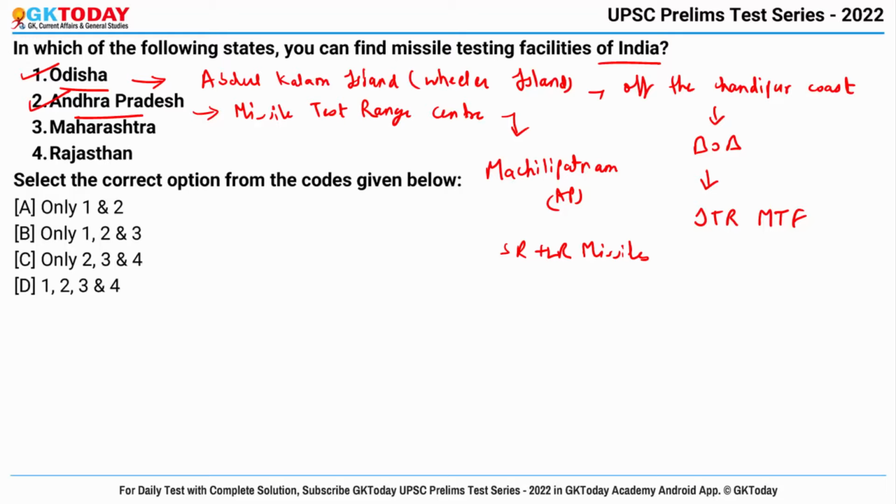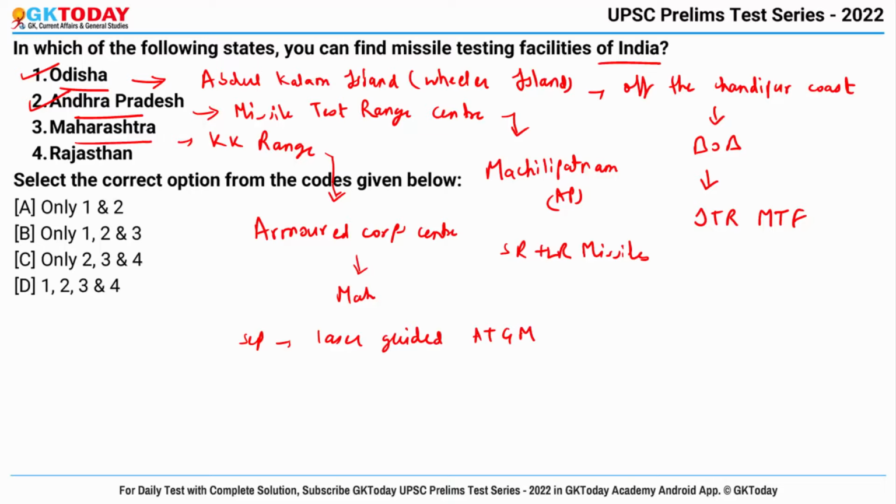Third is Maharashtra. So missiles are also tested at the KK range in the Armored Corps Center and School in Ahmednagar in Maharashtra. And it was also in news because in the month of September, DRDO tested a laser guided ATGM, that is anti-tank guided missile, in this range.